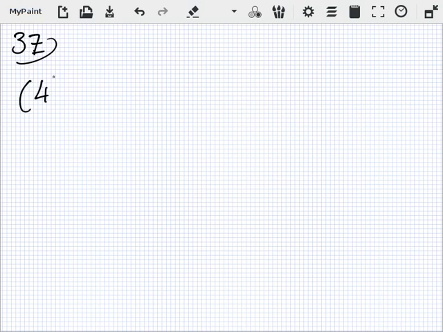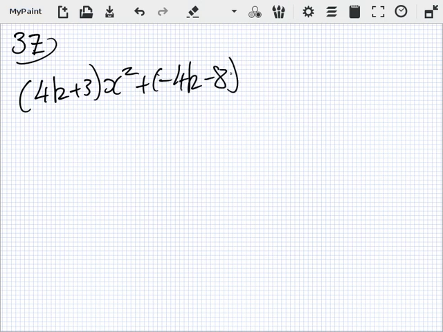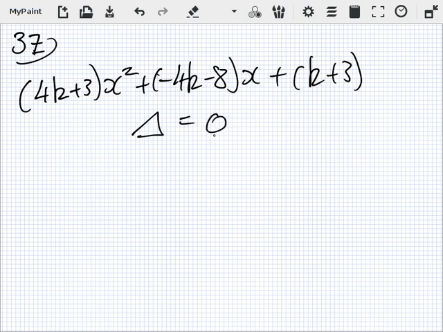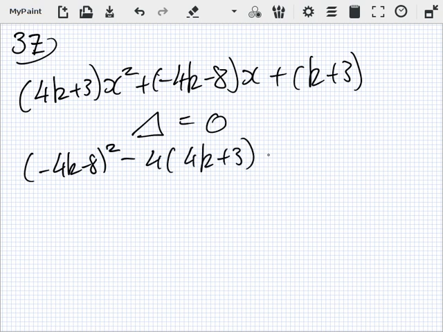Right, 4k plus 3 x squared plus minus 4k minus 8 x plus k plus 3. This has one real root, so discriminant is 0. So that means b squared minus 4ac should equal 0.